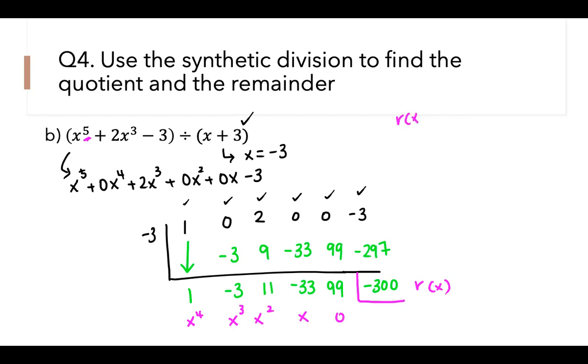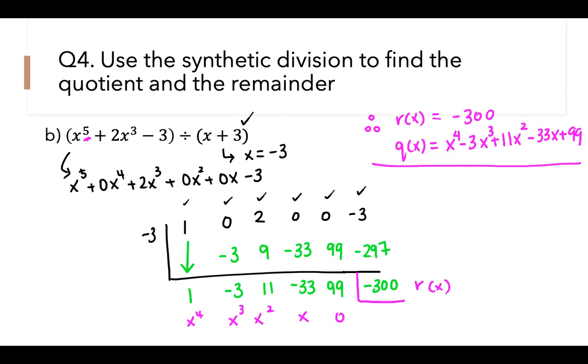We can conclude that the remainder is negative 300, which is a constant. And the quotient is going to be x to the 4 minus 3x cubed plus 11x squared minus 33x and then plus 99. Okay, and that should be your final answer using synthetic division.